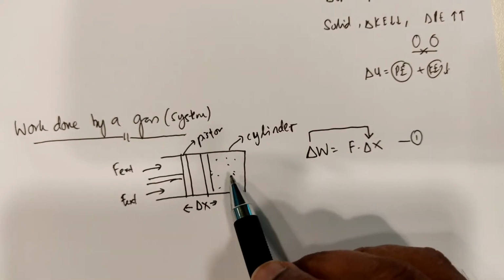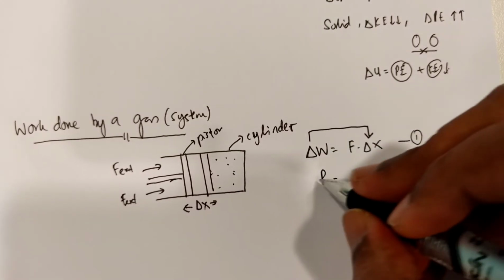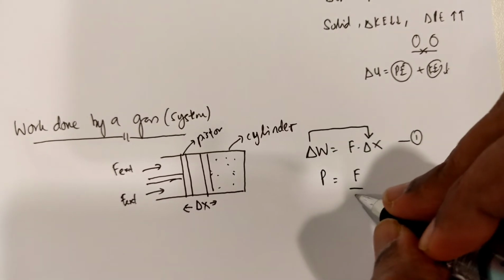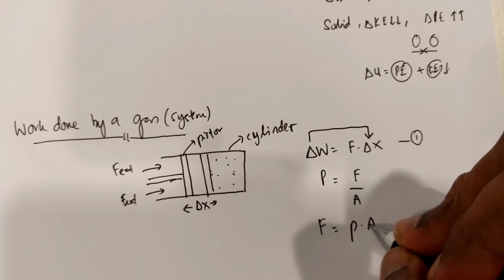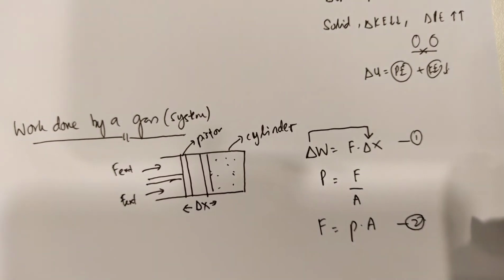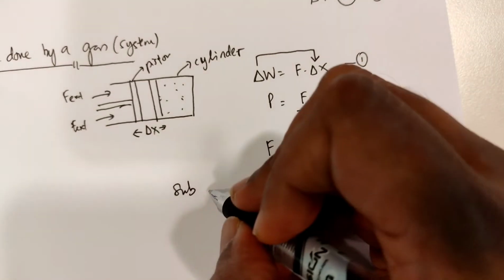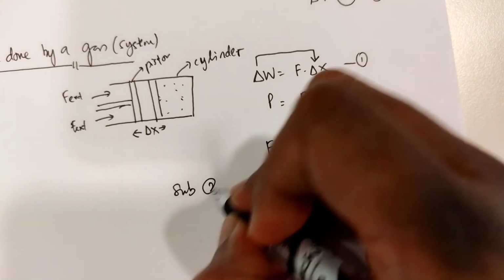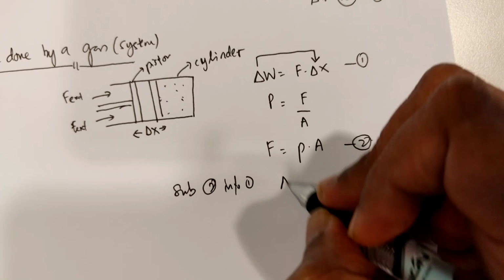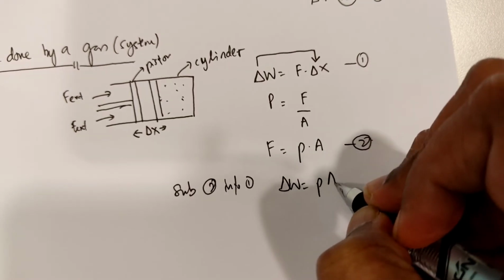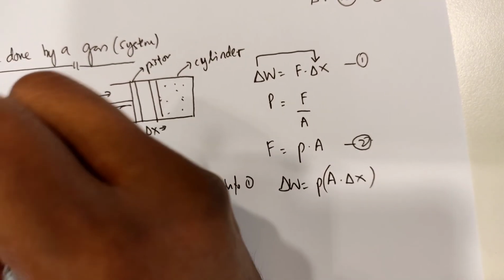When this happens, the pressure inside the cylinder will increase. The pressure equals force per unit area, so force equals pressure times area. This is equation 2. Substituting equation 2 into 1, delta W equals P A times delta x.